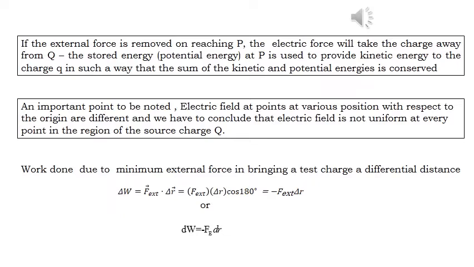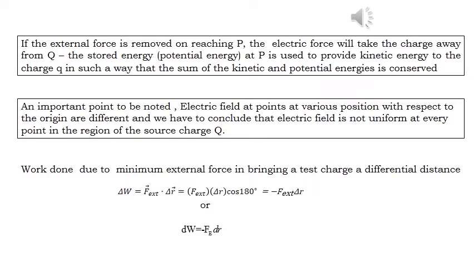That's why, in order to get the total work done, we have to use integration. To apply integration, we need to find the differential work done. For that, let us start with delta W. A small change in work done is the dot product of the external force vector and the differential small displacement, opposite to the direction of the external force.